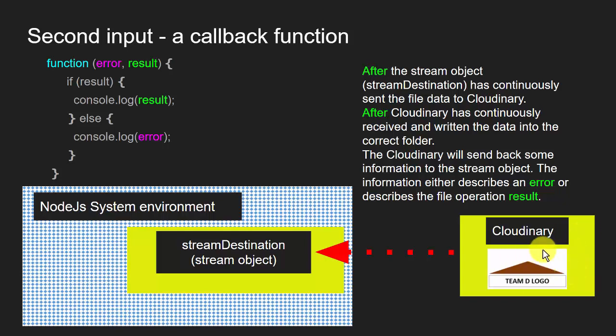After the stream object has continuously sent the file data to Cloudinary, after Cloudinary has continuously received and written the data into the correct folder, Cloudinary will send back some information to the stream object. This information will either describe an error or describe the file operation result. Our JavaScript logic sitting inside our Node.js system environment, which is controlled by our own Node.js project, is waiting for this reply so that our JavaScript logic can continue to satisfy other objectives.